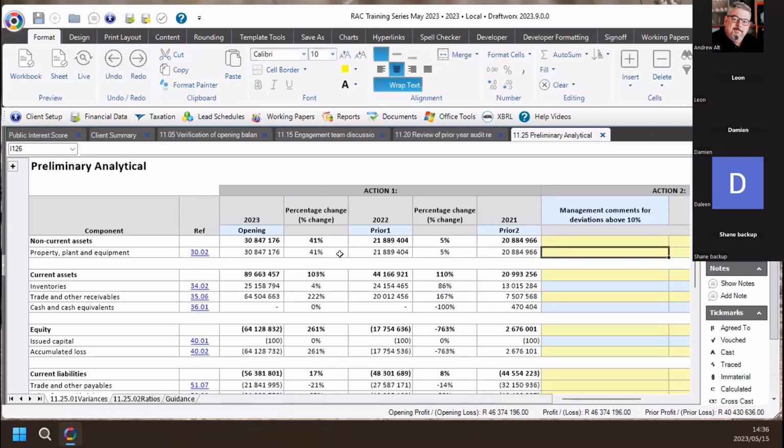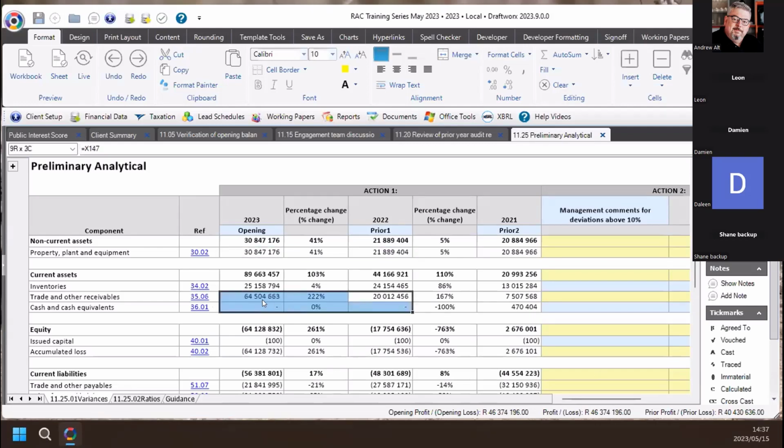They might then say, oh, you know, we sold off a whole lot of assets. And then you've got to go back and say, well, that doesn't agree with my understanding from what I'm seeing on this preliminary analytical. I'm seeing a growth, but management is telling me about a decline. Does that affect my assessment of potential risk in any way?